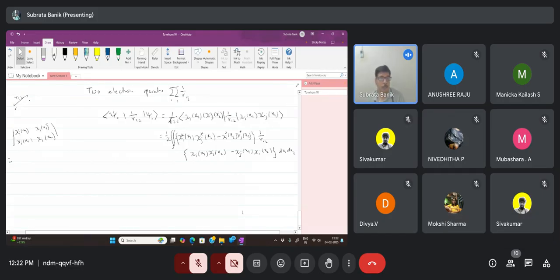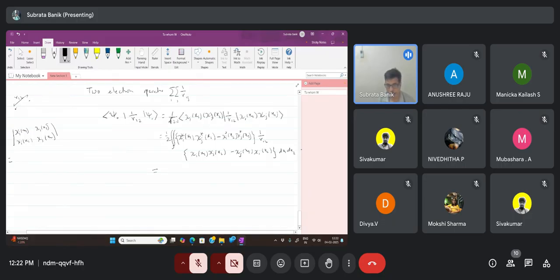Don't stick yourself to one notation, because it is convenient to use different notations at different times of the derivation. So this is the explicit form. We have written explicitly the determinant in terms of the antisymmetric product function. Okay, now let us write this.